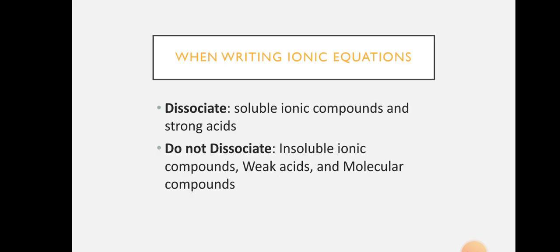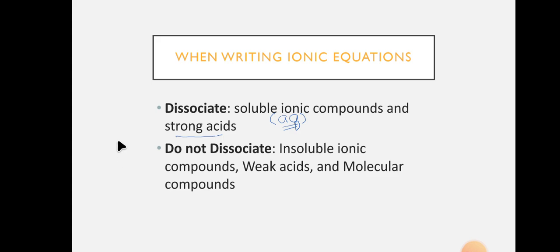So when we're writing our ionic equation, this is just a reminder. You dissociate soluble ionic compounds, which means you have an ionic compound in the aqueous state, and strong acids. So if you have a data booklet from Alberta, that would be on pages 8 and 9, above your gray line.